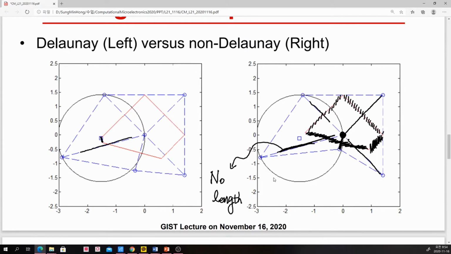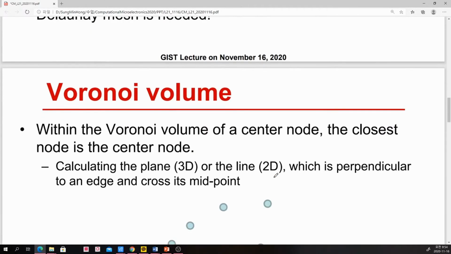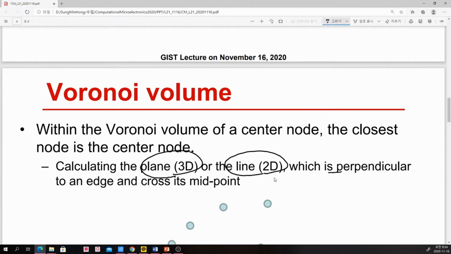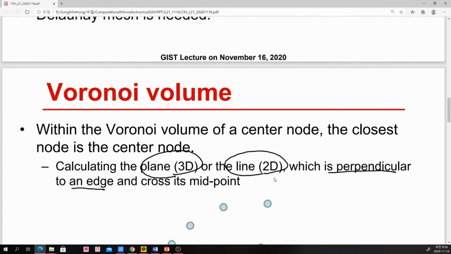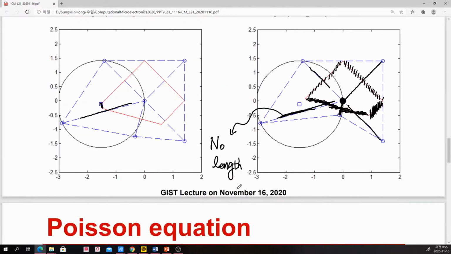So every time the volume or area can be divided by following a simple rule: just draw a plane over the line perpendicular to an edge. Then you will get a certain polygon or polyhedron. Then you will get the Voronoi volume or Voronoi area, the Voronoi cell.